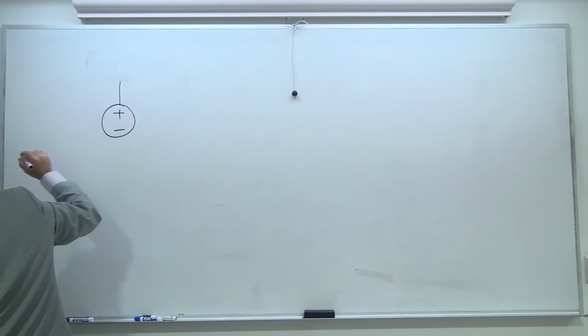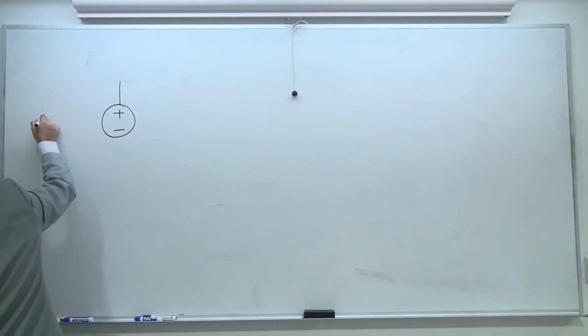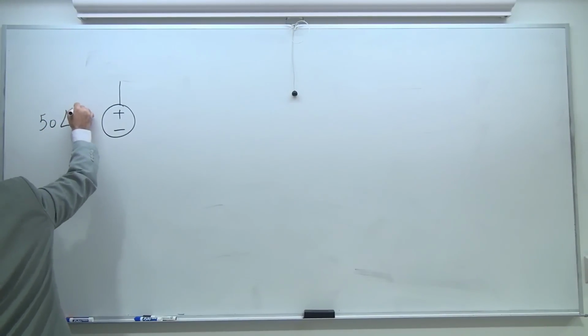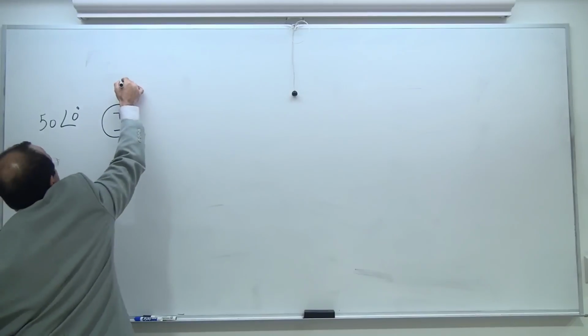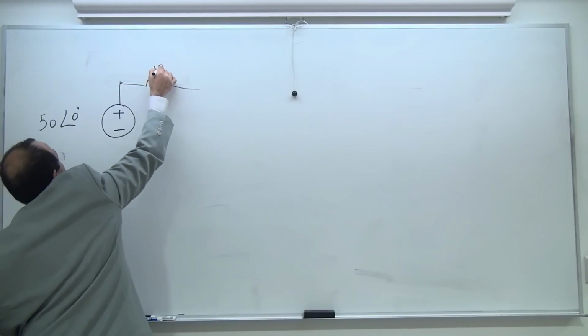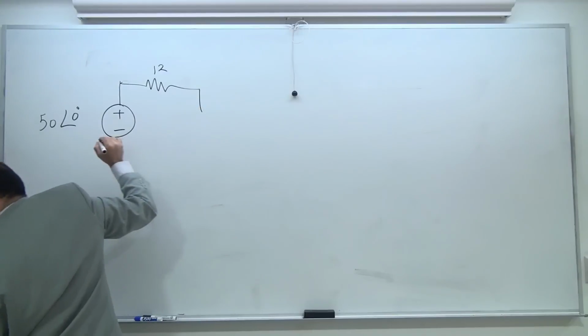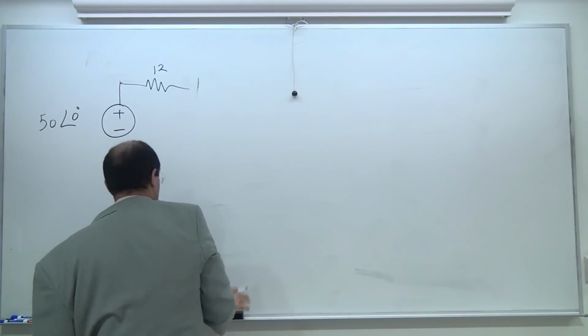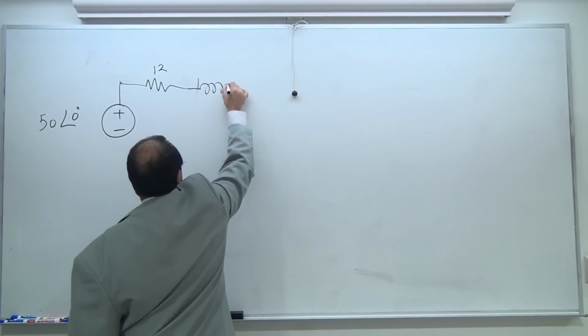It happens that the information given to us is actually already in frequency domain. 0 degrees. Someone has done that transformation for us, 12 ohm. Minus 4j.